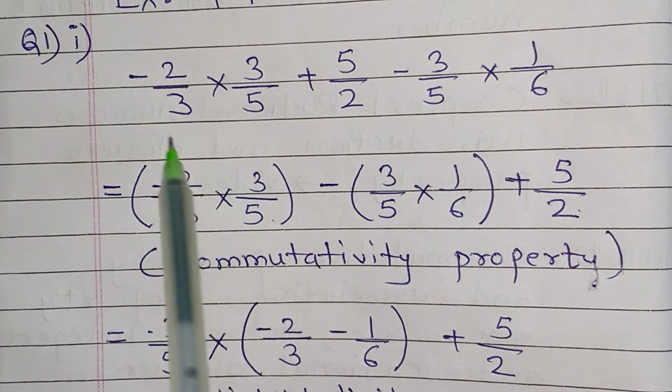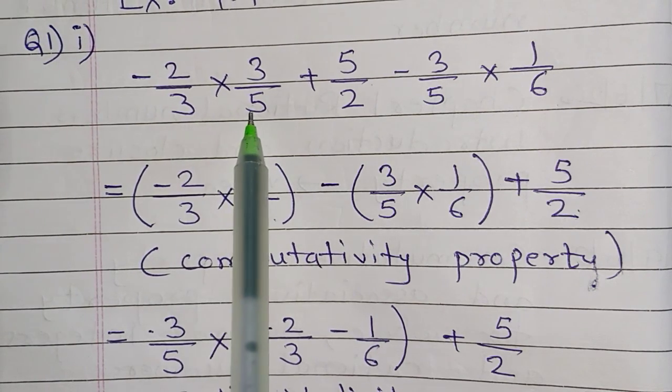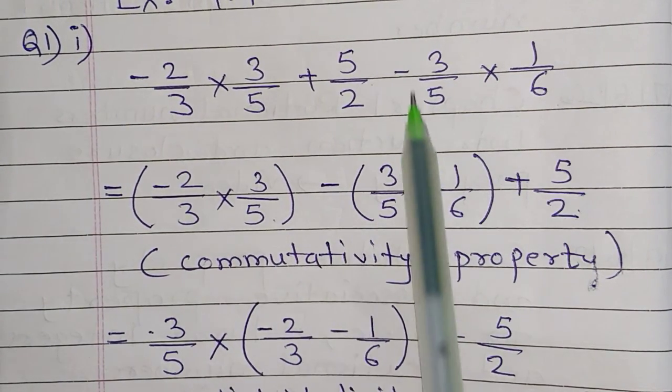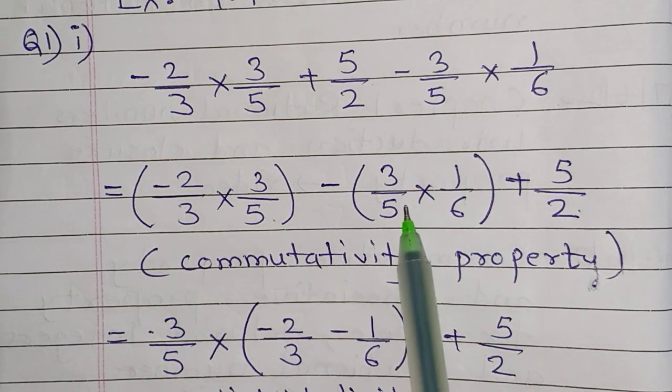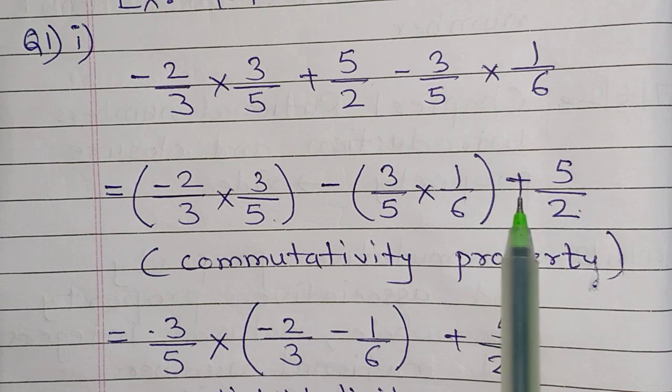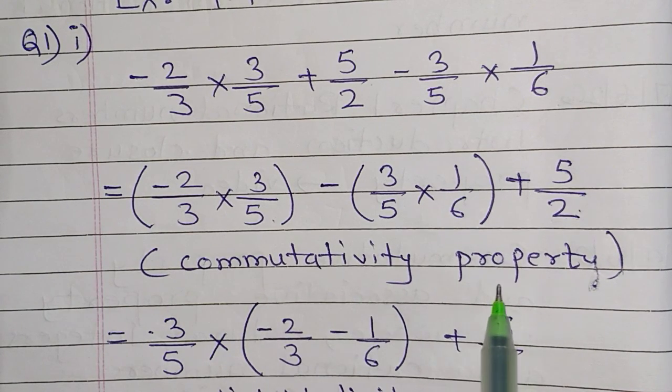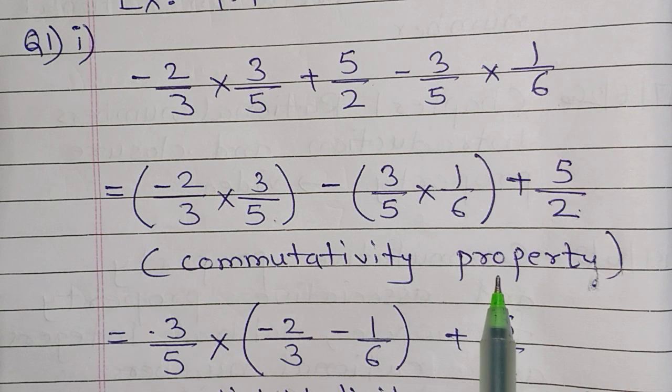See what I have done, I have put the bracket to these two numbers. Minus sign, because here it is a minus sign, and I have written this bracket first, plus 5 upon 2. It is the commutative property. We have seen this property earlier.